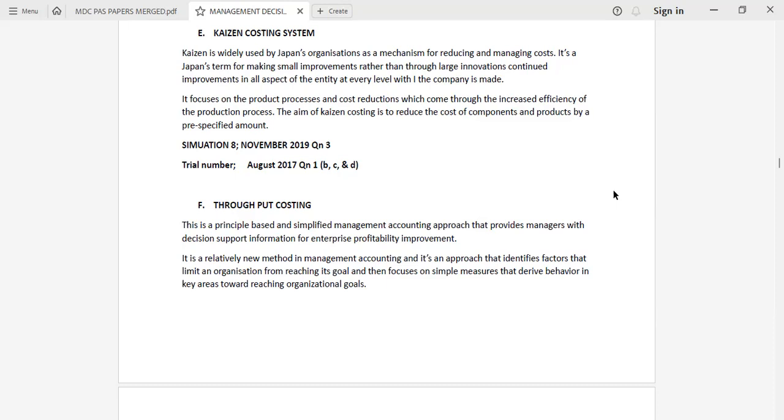Let's try to look at an example on the Kaizen costing system. You may find that the company has identified a bigger innovation.